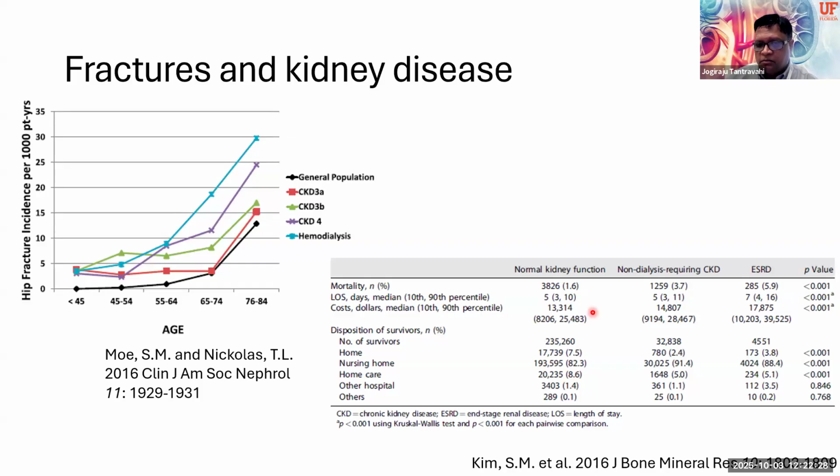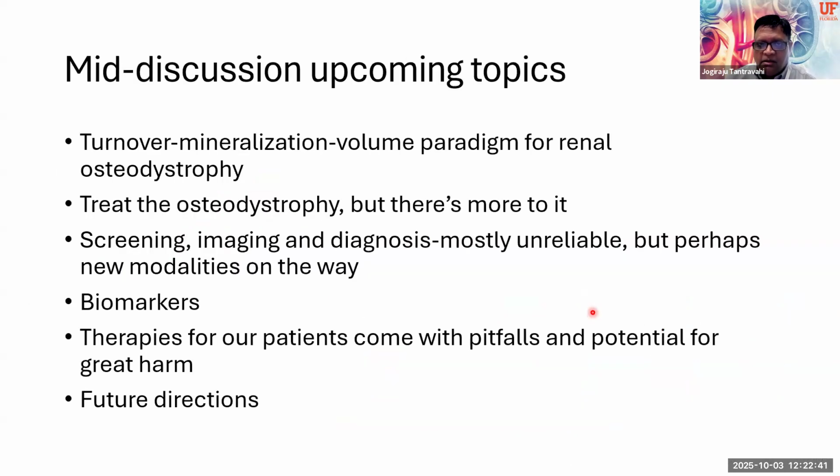Okay, so we've now set ourselves multiple tasks: to figure out how best we can manage this multiplicity of bone diseases in our patients with CKD. We're a little bit more than halfway through, so I'm going to put up some mid-discussion topics.